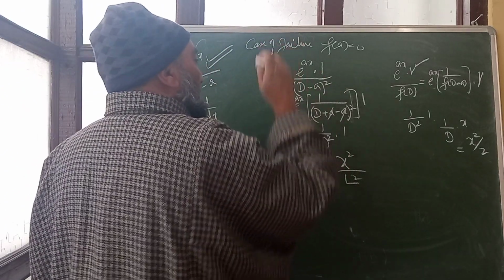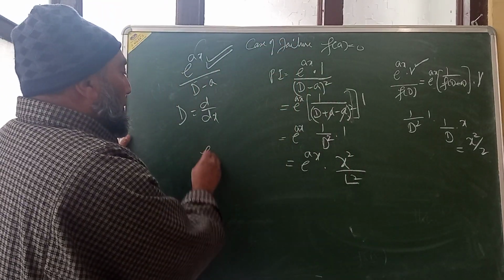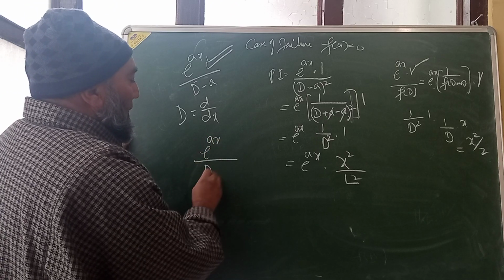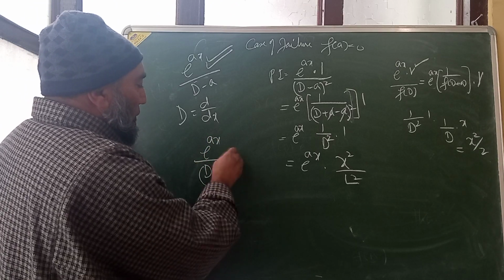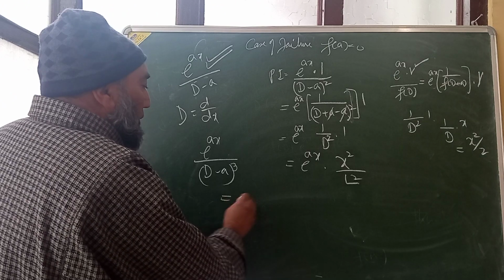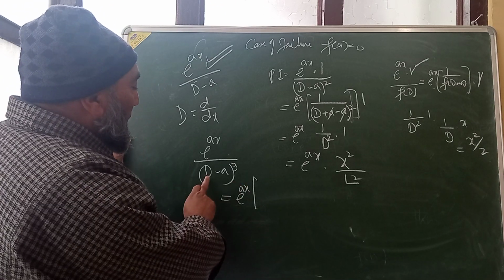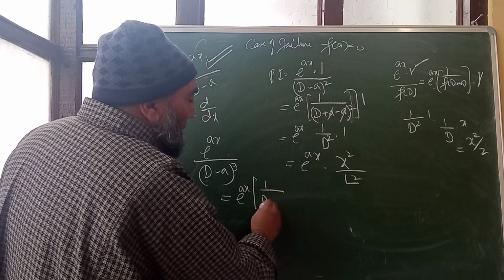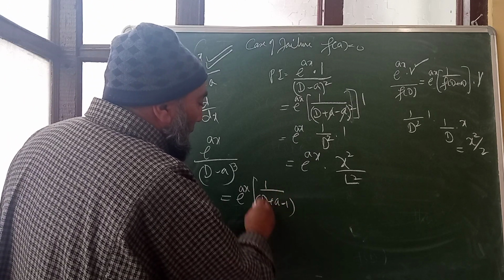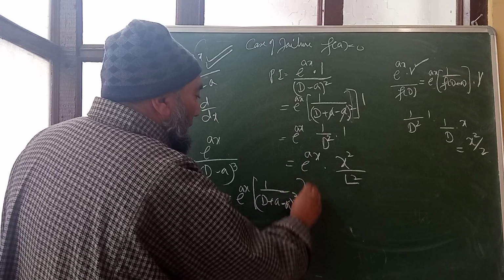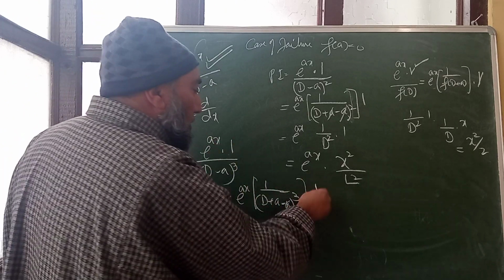Now if it is e to the power ax over (D minus a) raised to the power 3, what is the method? I have to take e to the power ax outside. I have to replace D by D plus a, minus a, whole raised to the power 3, and operate on v. What is v? It is 1.